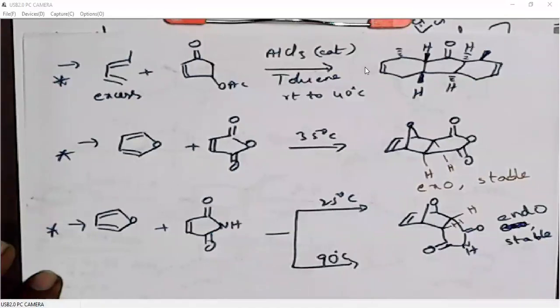Exo is more stable. So when we heat this product to 90 degrees, or when we do the reaction at 90 degrees, what we will get is the exo product, not the endo product.